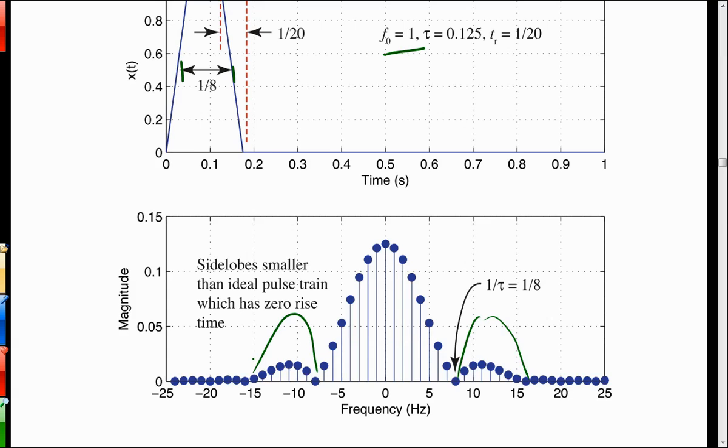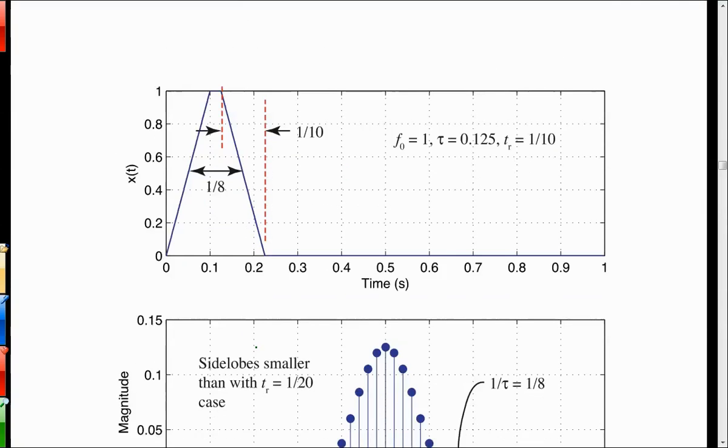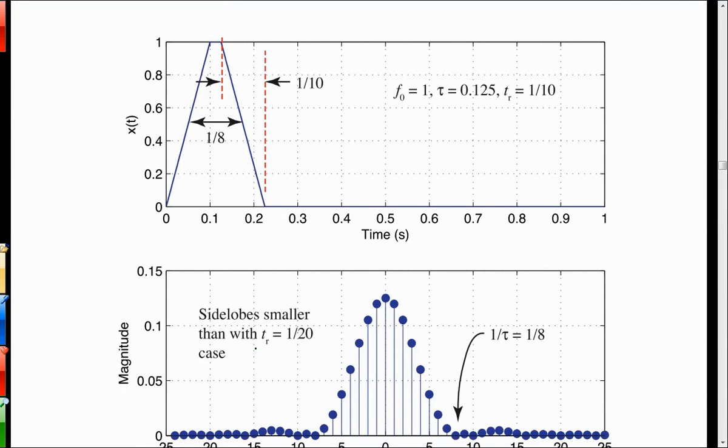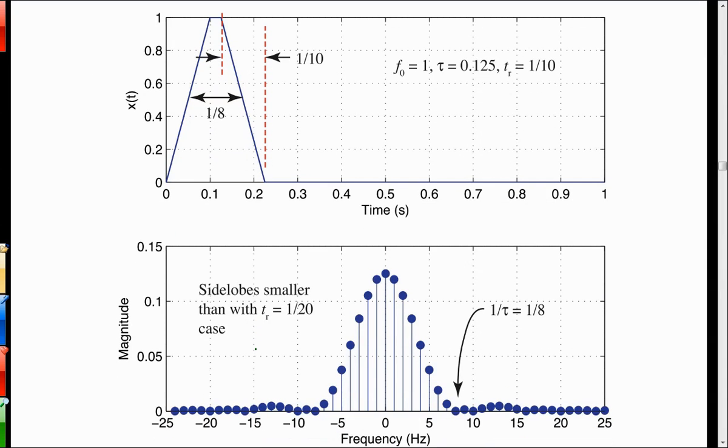So this is 1/20th, and then on the next page I slowed it down even more to 1/10 of a second, and now it's pretty much confined to just that main lobe in there, which still rolls off at about 1 over tau, the nominal pulse width of 1/8, because remember that's where the first null of the sinc function is occurring, right where the 1 over the pulse width is in frequency.